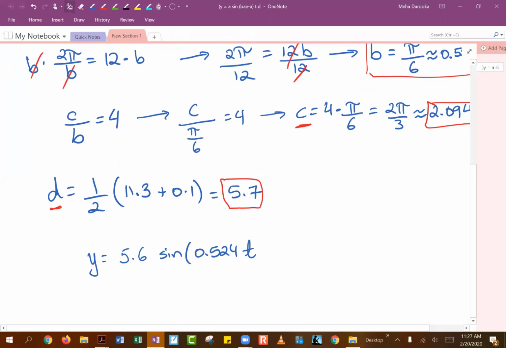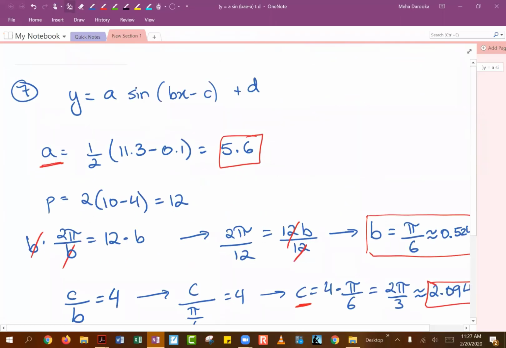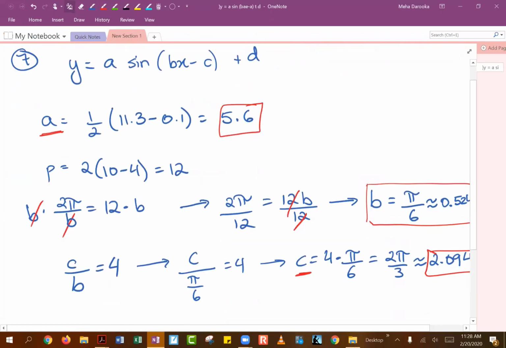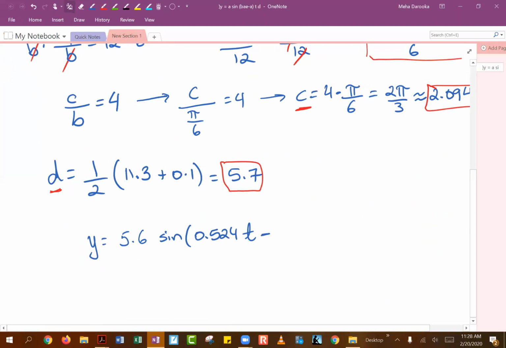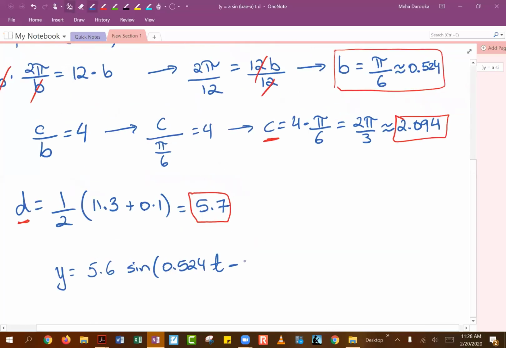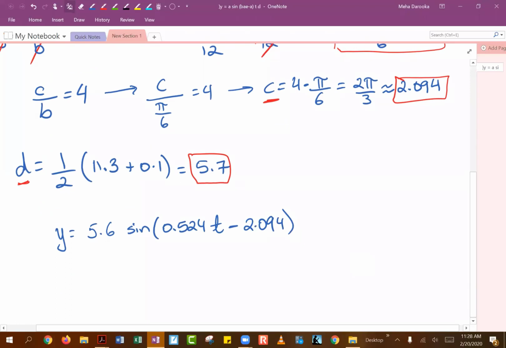Remember again, if the number itself is positive, by default this is a bx minus c format, so you're actually going to leave it as a minus sign. And, oh, I lost my number. There we go. 2.094. And then what do I put at the end? Yeah, plus 5.7.